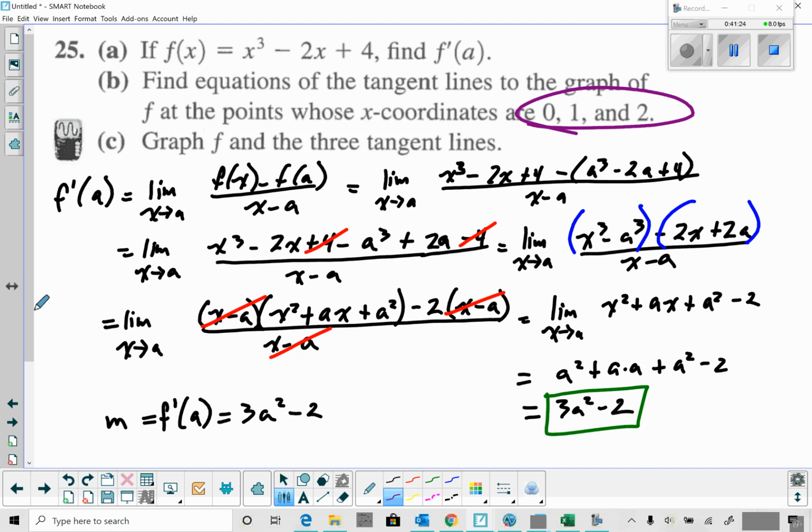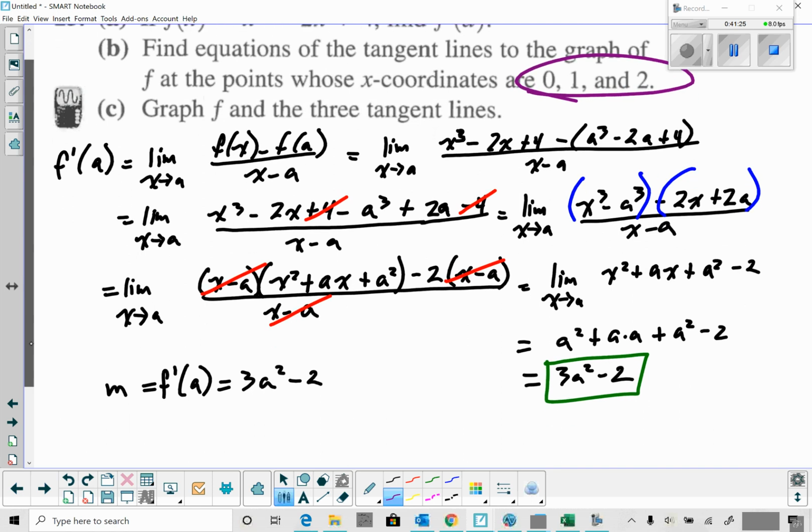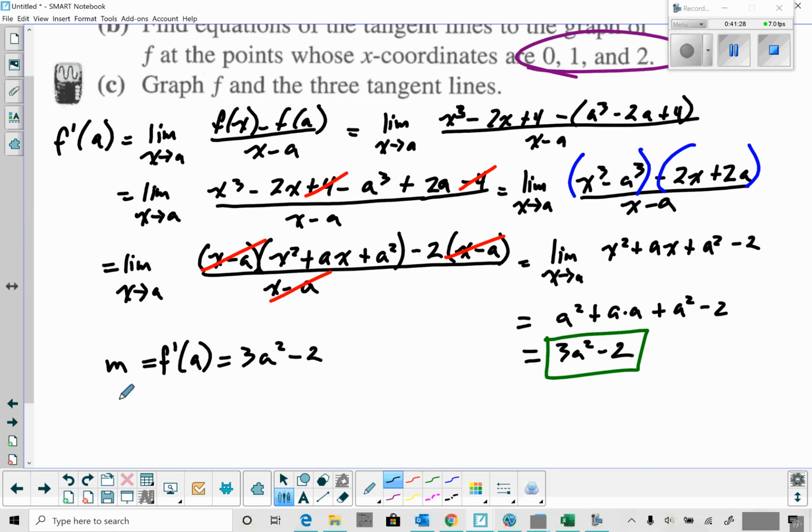So all this means is for the slope at 0, this will be f prime of 0, 3 times 0 squared minus 2.